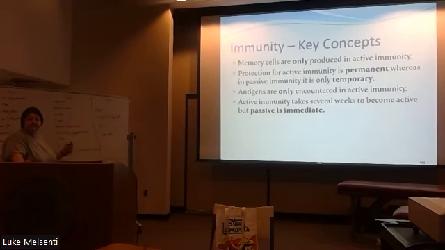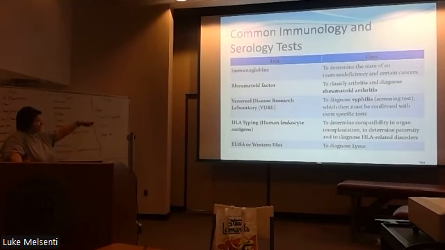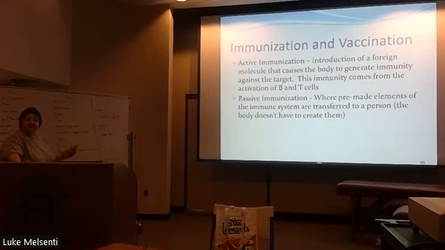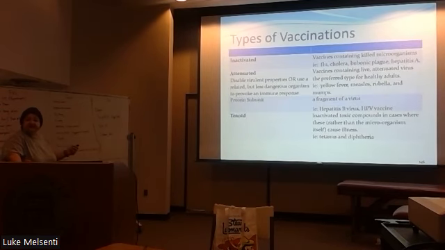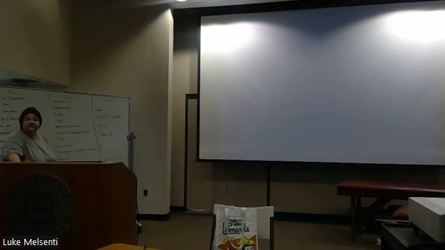Don't ever forget about your memory cells, right? And then here we talked a little bit about these as a smattering through what we've reviewed for the previous couple of hours. These are some common immunology and serology tests. Talk about immunization and vaccination, the types of vaccines. On one of the first slides, we talked about these toxoid vaccines. And that's all she wrote.